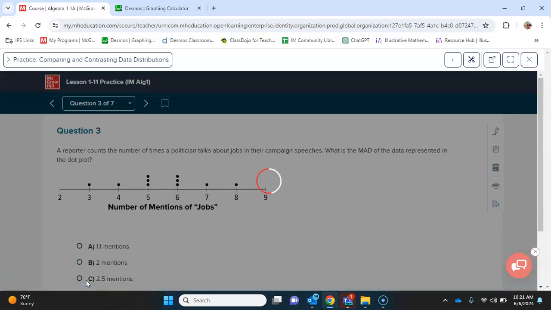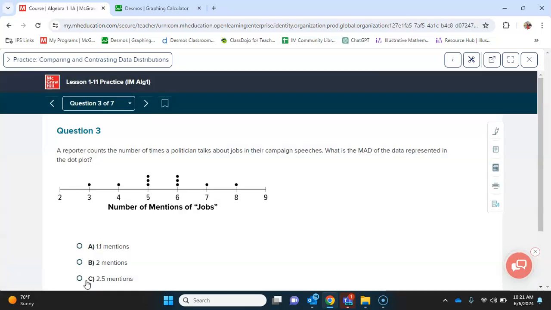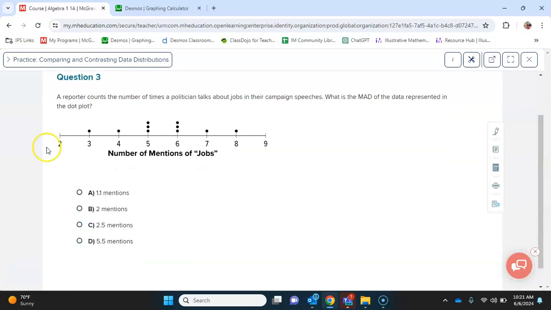Question 3. A reporter counts the number of times a politician talks about jobs in their campaign speeches. What is the MAD of the data represented in the dot plot?